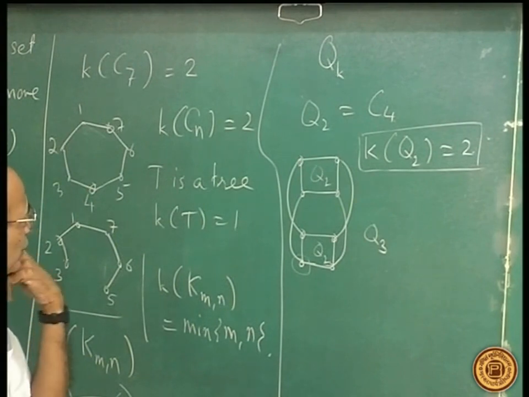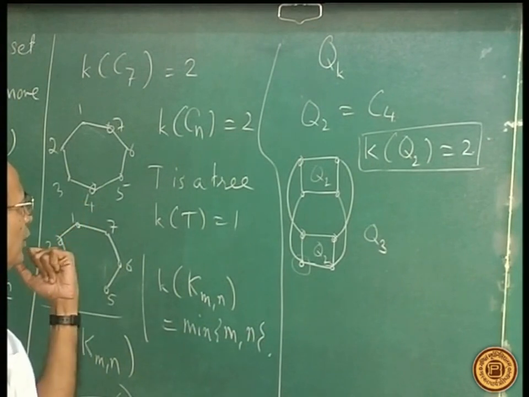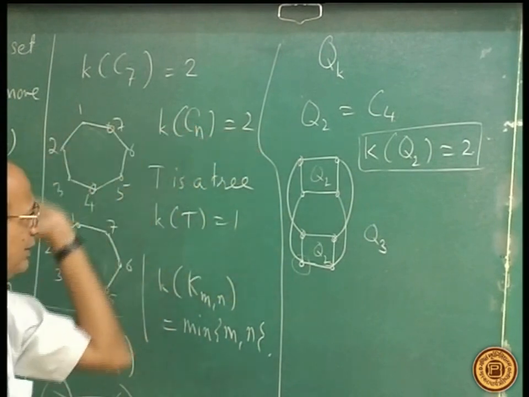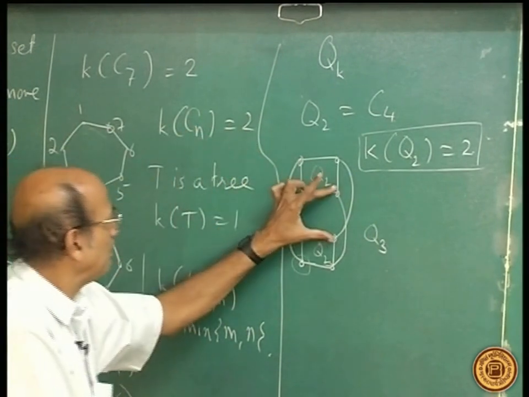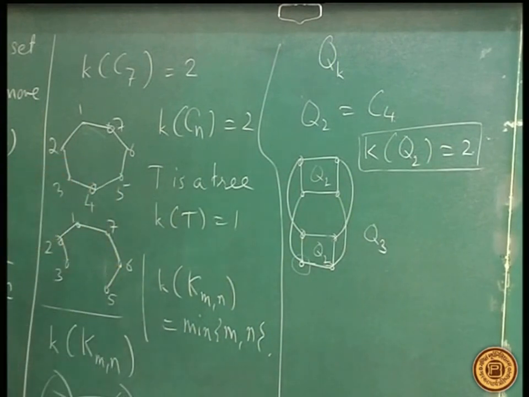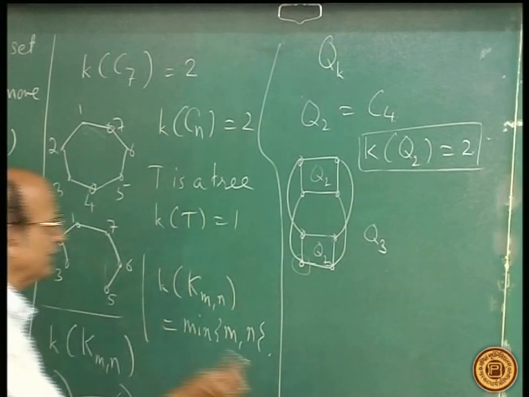In the other part also, if things remain connected, then you are quite all right. But how is that clear? Because you could not have removed all the vertices from both of these. So let's prove this theorem.